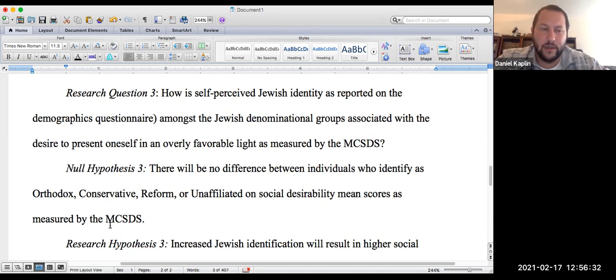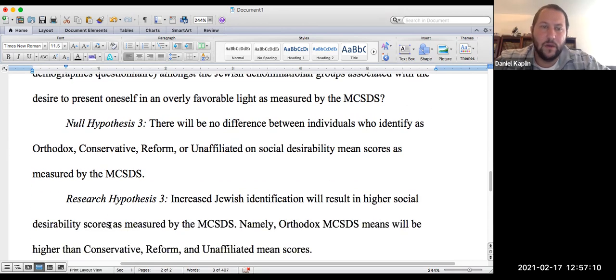And measuring in the Orthodox Jewish population is tricky, because they have religious standards to uphold, and it's very community-based. So they might misrepresent both their level of practice, as well as their amount of substance use they engage in.